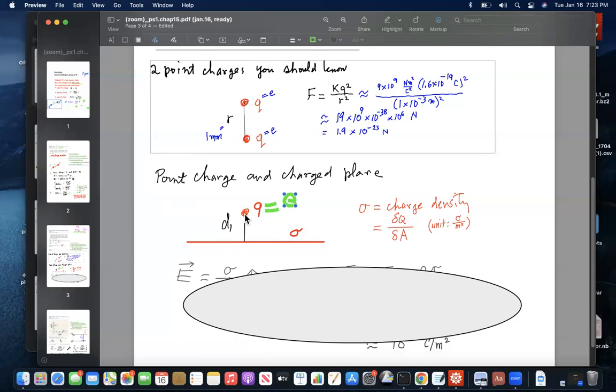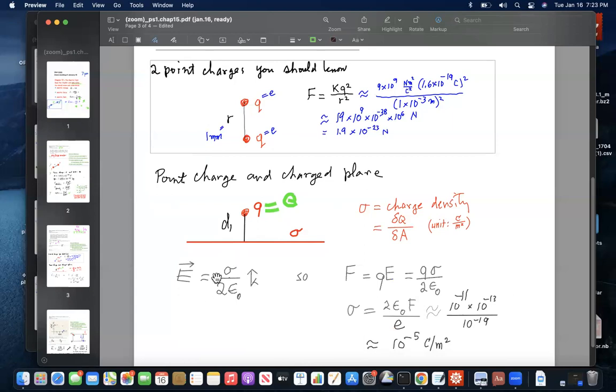So if you look at the equation just above 15.8, you'll see the electric field is sigma over 2 epsilon 0. Epsilon 0 is another electric force constant, which you can look up in the book. And the direction is pointing away from the plane.